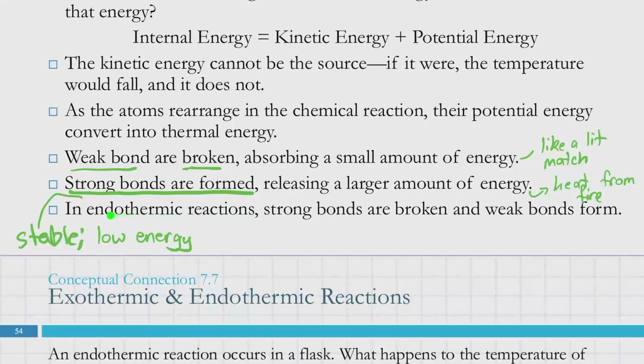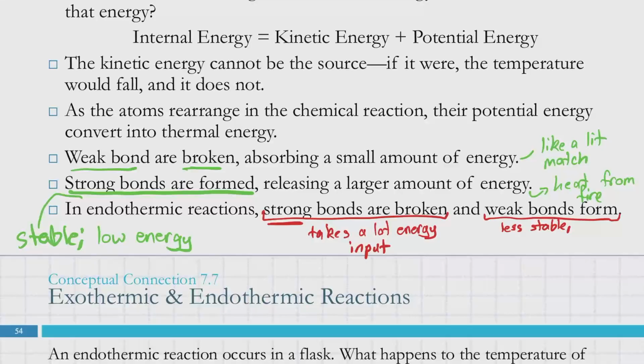In endothermic reactions, strong bonds are being broken. Since they're strong bonds, it takes a lot of energy, a lot of energy input. And weak bonds are formed. The weak bonds are less stable, so not as much energy is released.